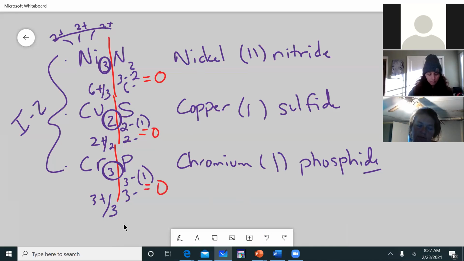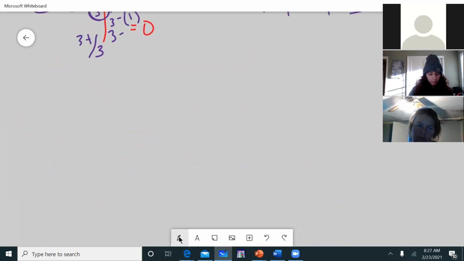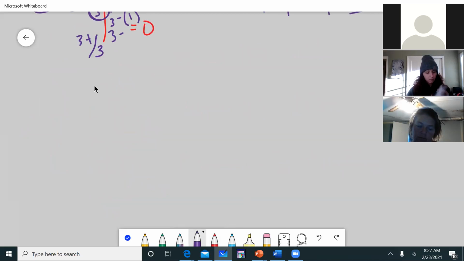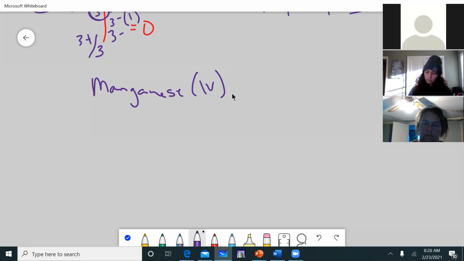Okay, so do remember, you can go the other direction. So if I give you something like this, manganese 4 phosphide, and I wanted you to instead write a formula for it.